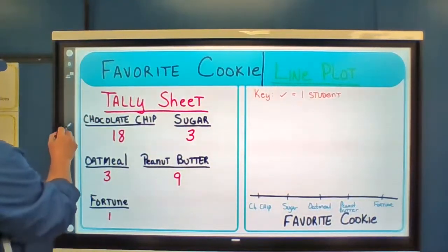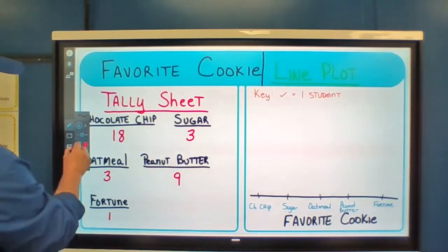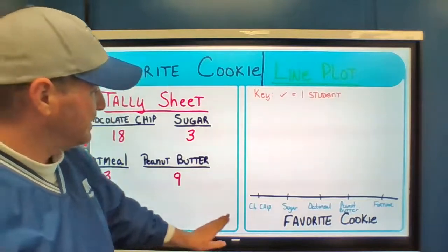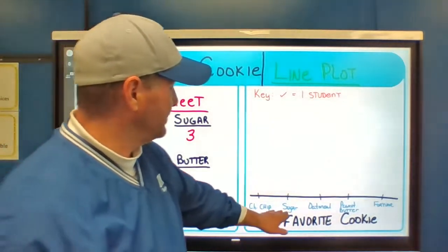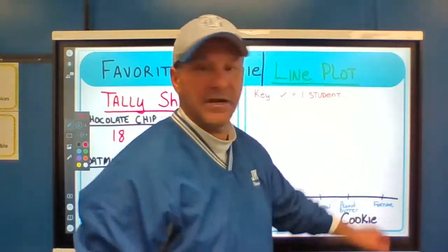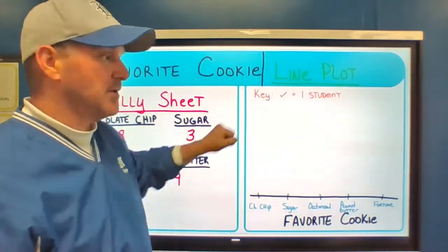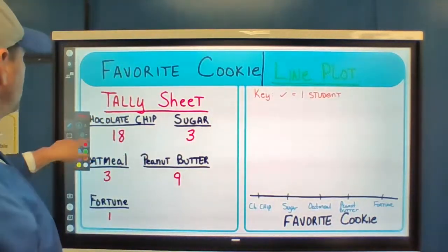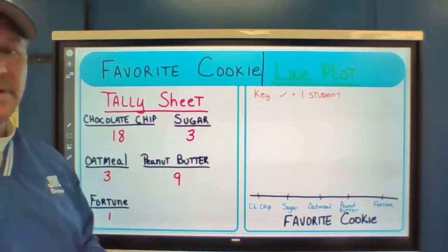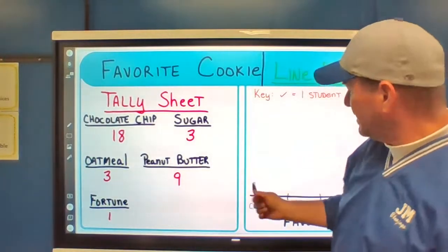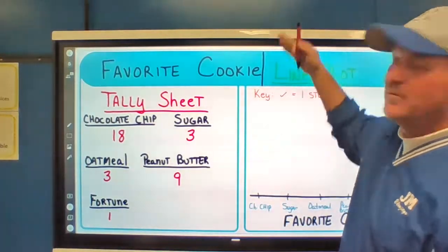Okay. So now you can see I took my categories and put them underneath: chocolate chip, sugar, oatmeal, peanut butter, and fortune cookie. And I'm going to keep in mind that my key is check marks. So how many chocolate chip? 18. So I've got to do these a little bit smaller because I have to fit 18 all the way up, and I don't really want to go up there.